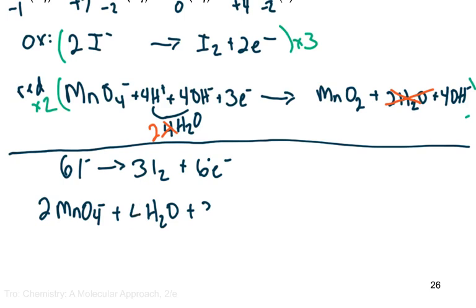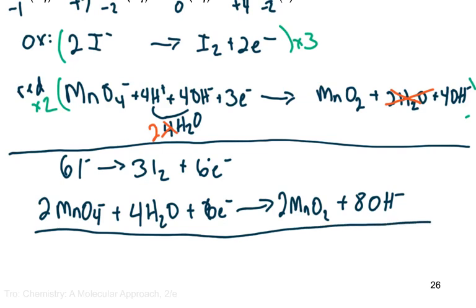Forgot to multiply by 2. 4 water plus 6 electrons goes to 2MnO2 plus 8OH-.